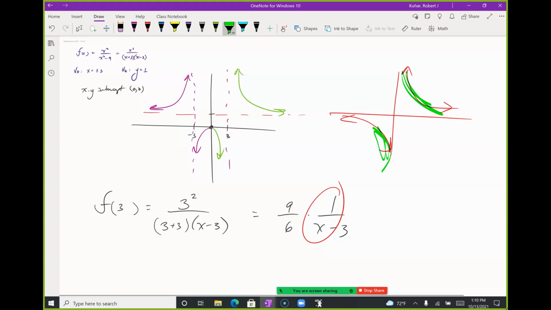So they gave you a graph. I'm not giving you a graph. I'm giving you a function, and I want the graph. And I want a rough sketch of the graph. I want everything labeled. So on this one, I would label y equals 1 as my HA. X equals negative 3 and x equals 3 are the VAs. I've got 0, 0. And this is the function f of x, right?